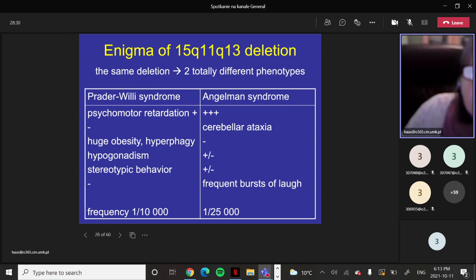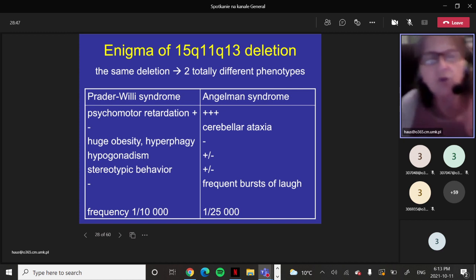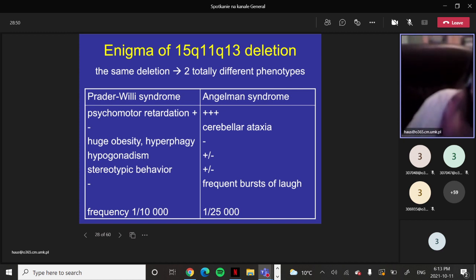In Angelman, no obesity, no hyperphagy. Yes. Sometimes hypogonadism, sometimes stereotypic behavior. In Prader-Willi syndrome, no frequent changes of mood. But in Angelman syndrome, very frequent changes of mood. Okay. Frequent bursts of wrath. Frequency of this syndrome is also different.